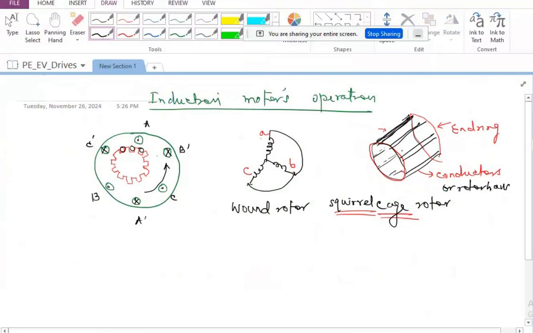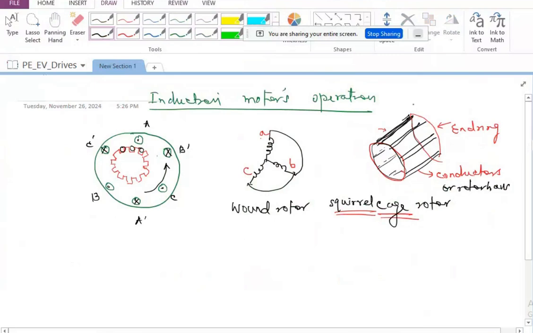So that way, you are not going to be able to separate the A phase conductor, B phase conductor, and C phase conductor. Neither are you going to say that this particular conductor carries A phase current or B phase current or C phase current.